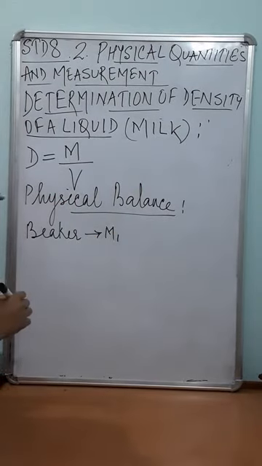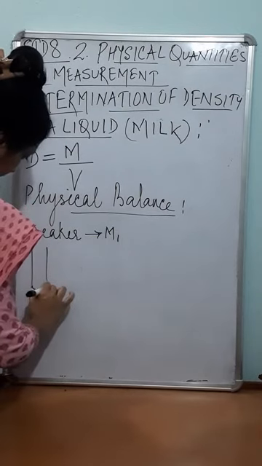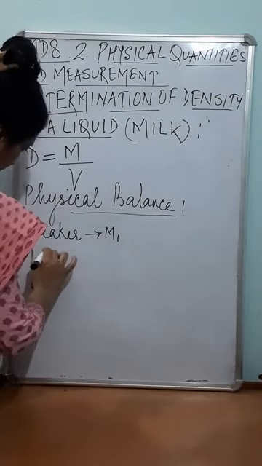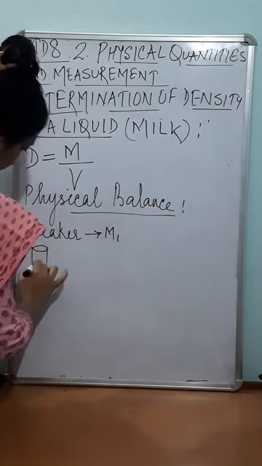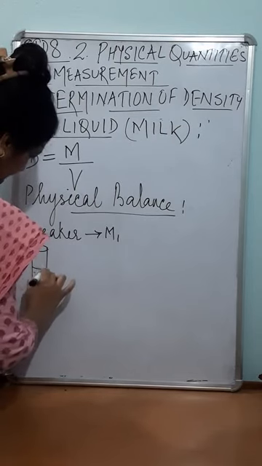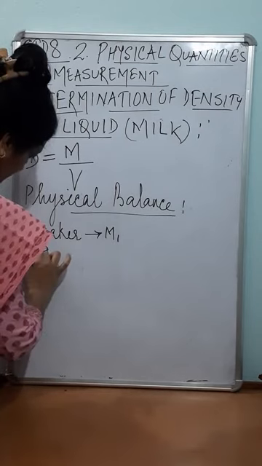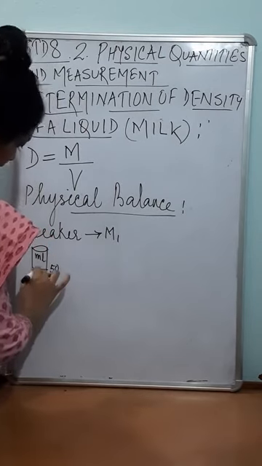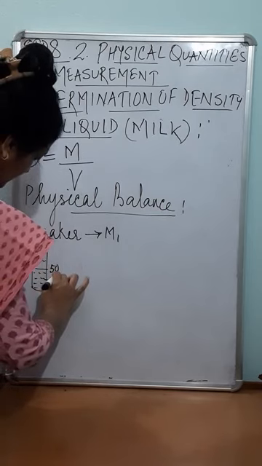Then take the milk up to a certain level and pour the milk into a measuring cylinder. Say up to this level is 50, so up to 50 ml, pour the milk into a measuring cylinder.